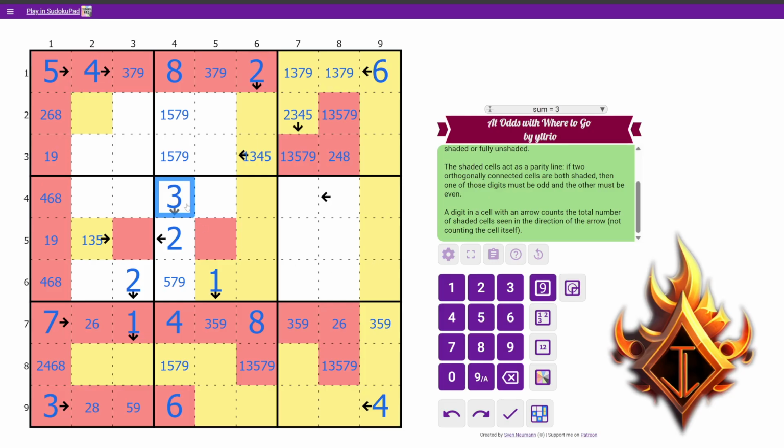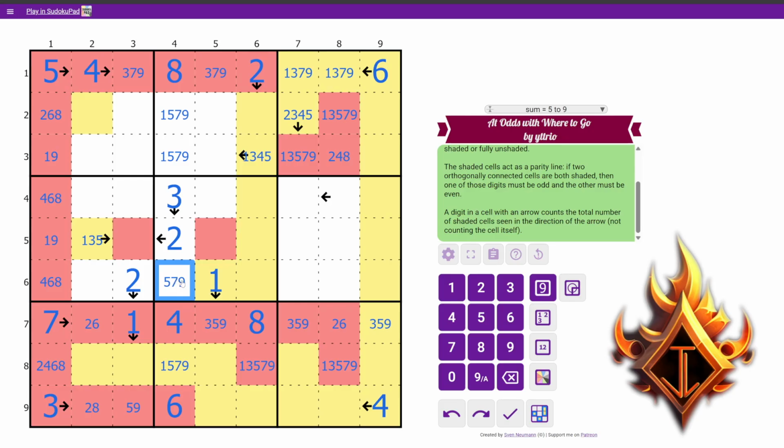So there needs to be... Oh, there can only be one more red. So what I'm saying is, it cannot be both of these to touch that one. But... Oh, so if it's this, then that would be yellow and create a checkerboard.